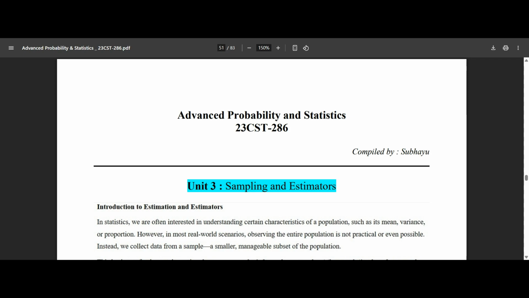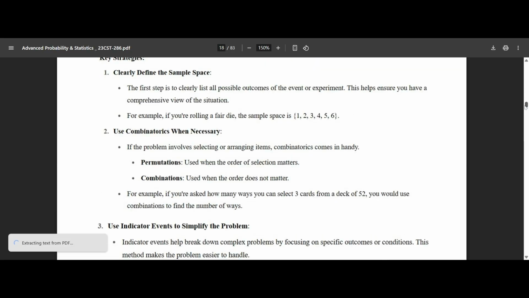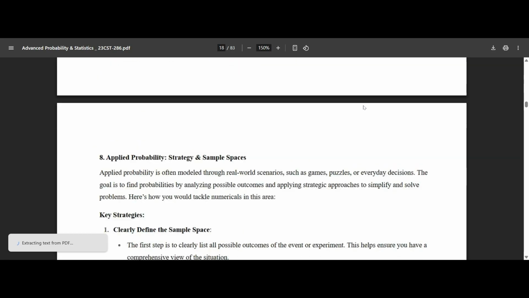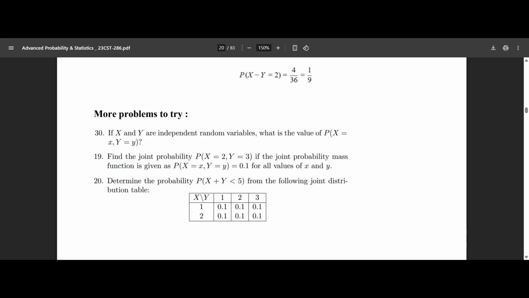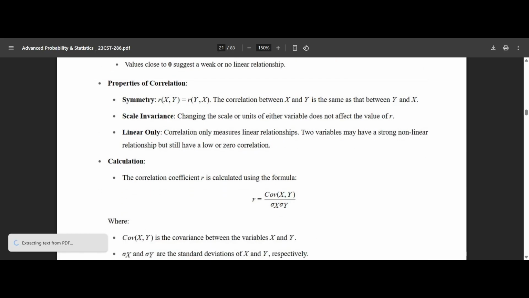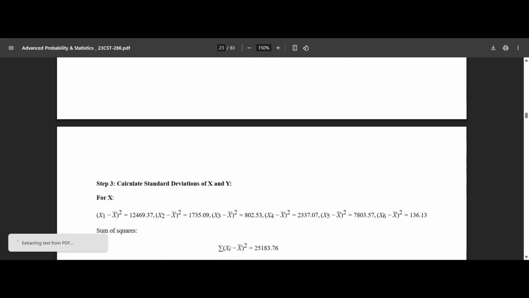So, if we want to revisit once from the beginning, in Unit 1 we studied about random variables.